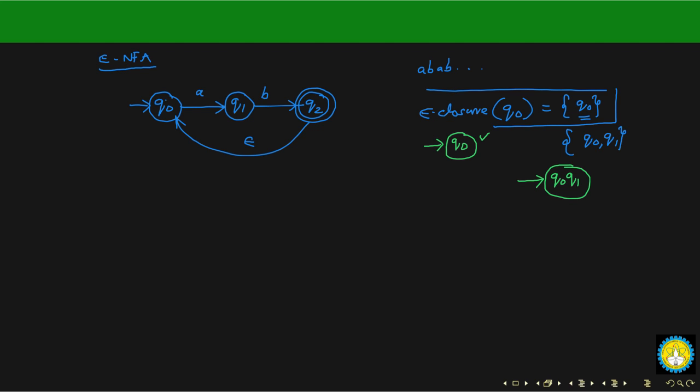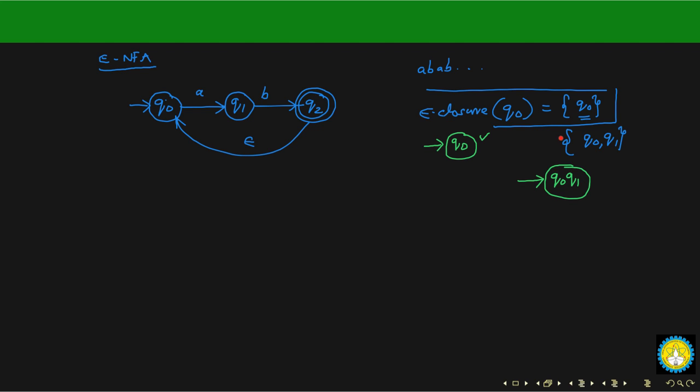Okay. So this process of identification of the starting state is very important. So what we are actually going to do here is we look at the starting state of the given epsilon-NFA and take an epsilon closure of that. Okay, so if you're getting a combination of states like Q0 Q1, then you're going to combine them and make it your starting state.